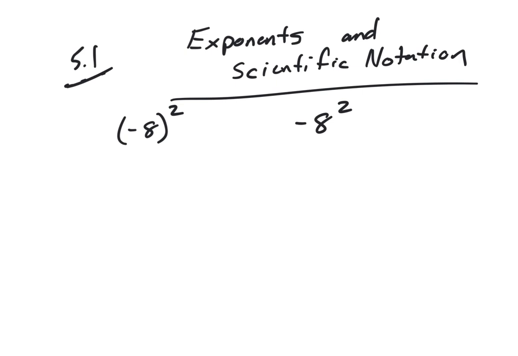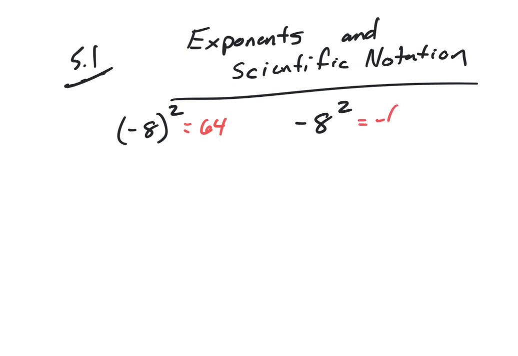Here, only the 8 is being raised to the second power. So that'll change how I put it in my calculator as well, right? In this case, you would want to put parentheses around it because it's really -8 times -8, which is really positive 64. So this one would get us to a positive answer.